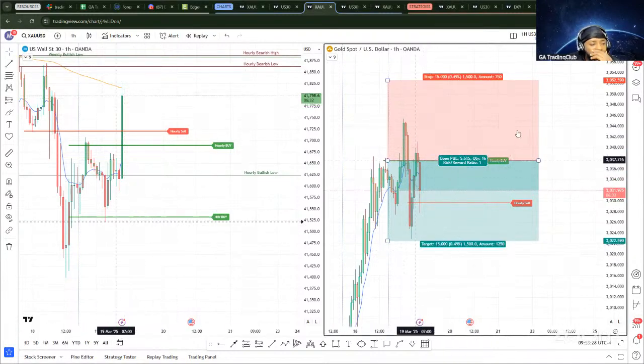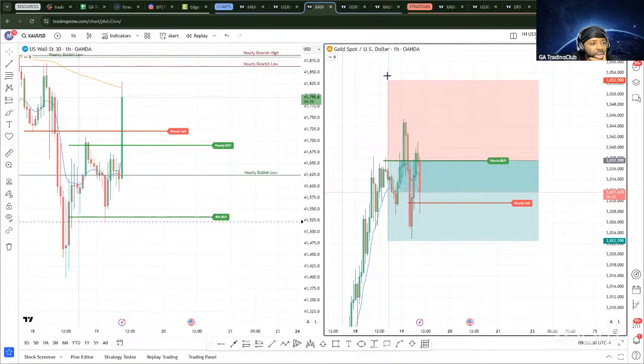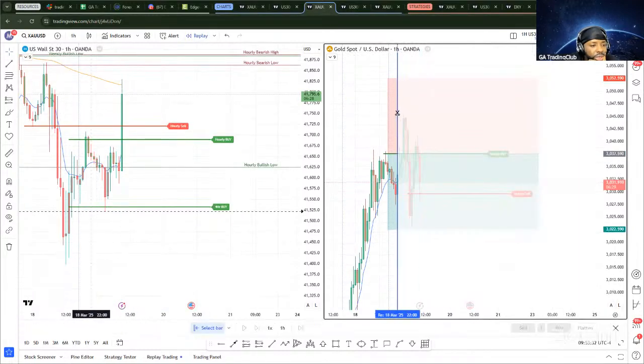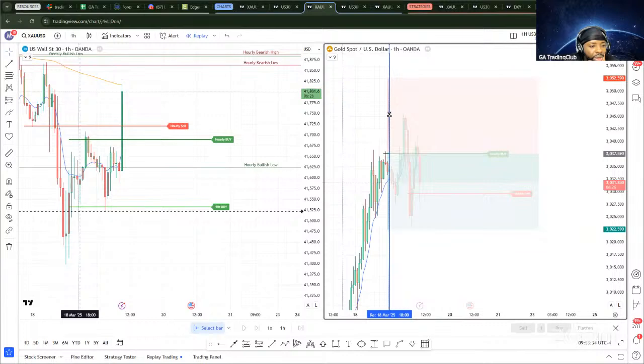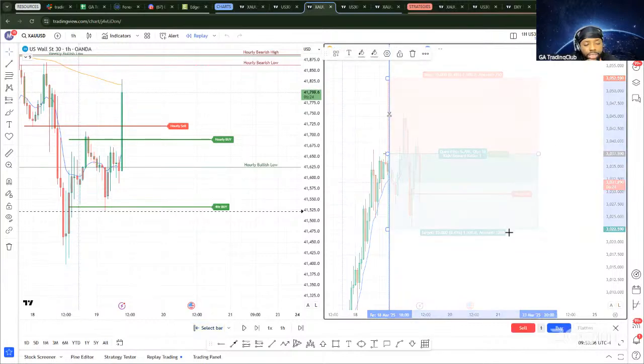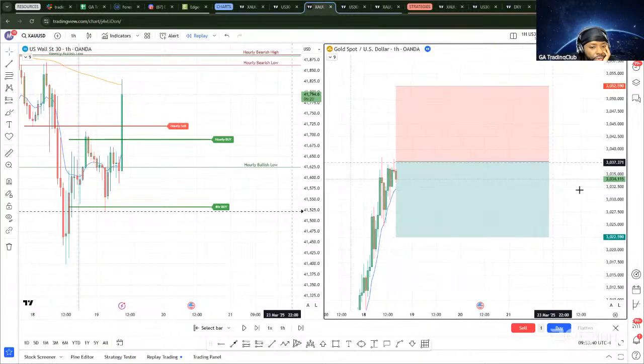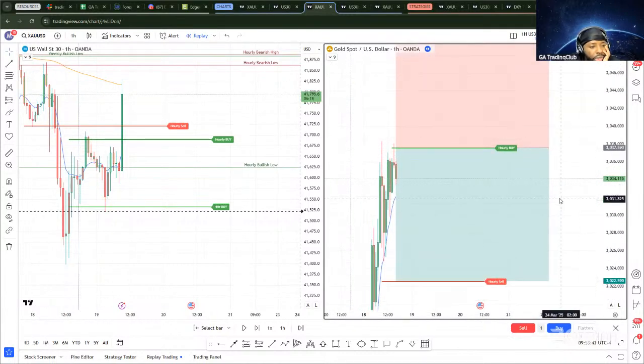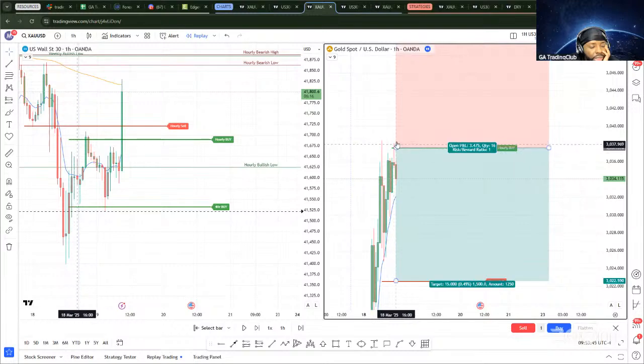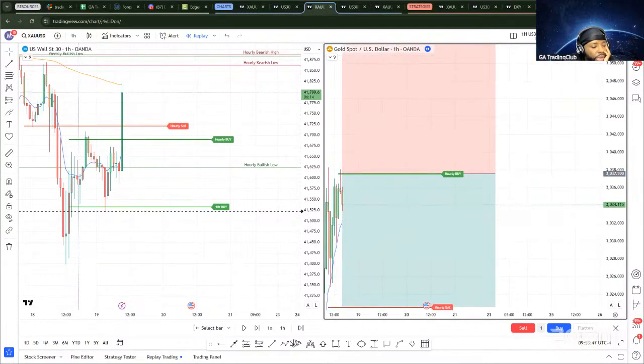So there was an SAR levels rejection entry here yesterday that I was following. However, this one would have been a B setup because we did not have a level of supply here for gold. But if we recap it here, you can see the first confluence.